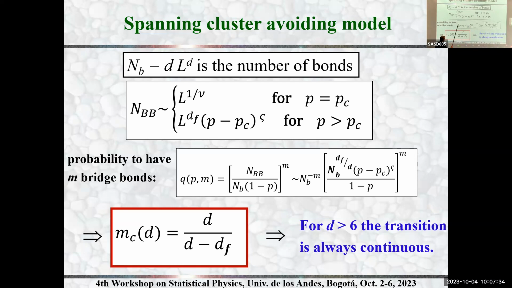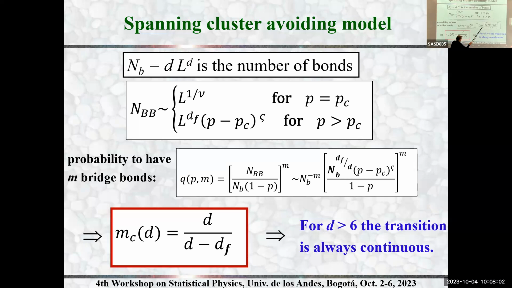Okay. And so now I can replace this NBB by this scaling law, which we have derived before. This is what I did here. And I already replaced N to the D fractal. I replaced the L by NB to the 1 over D. So I have here NB to the D fractal over D. Okay.